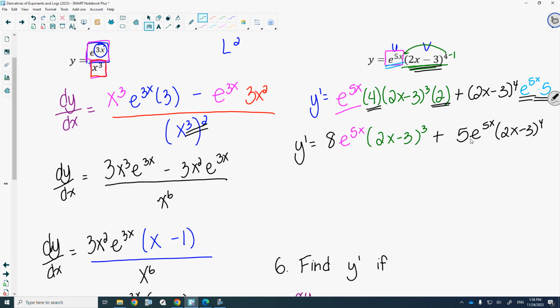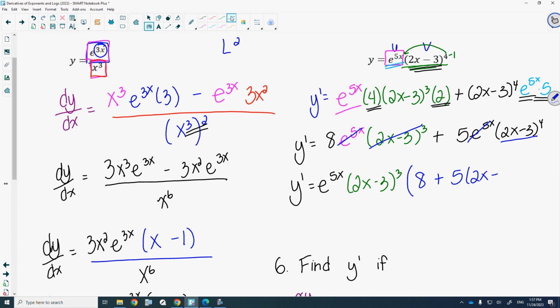Then I could take out this binomial, 2x minus 3. I'm going to take out to the power of 3, so take out always the lowest exponent. So y prime is equal to e to the 5x, and then I'll factor out (2x minus 3) to the 3. What that would leave me is I would have an 8 here plus 5, and then one of those brackets would remain.